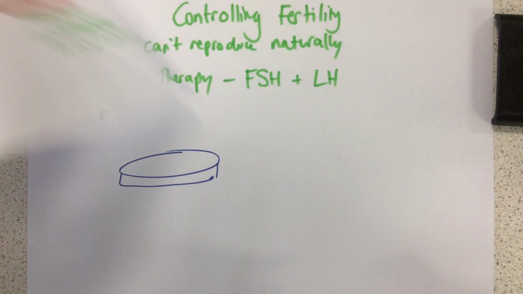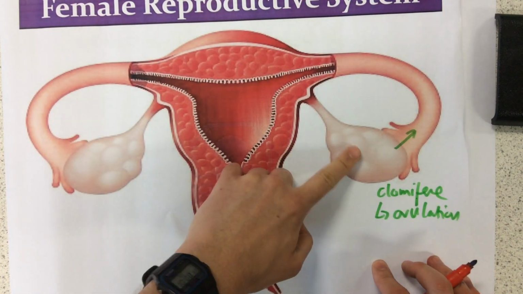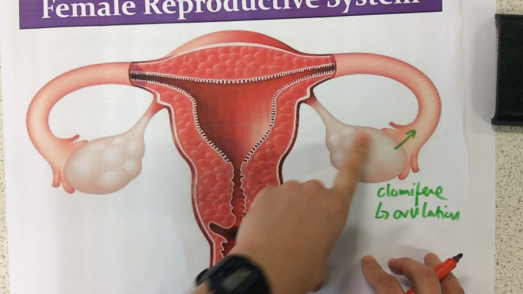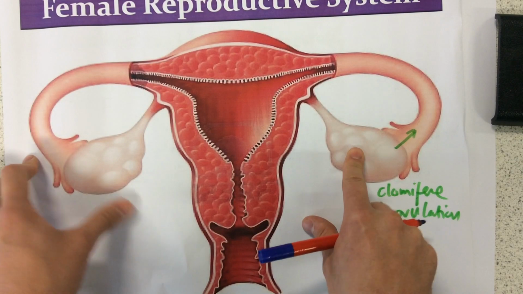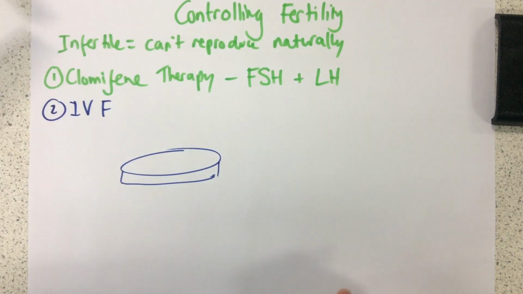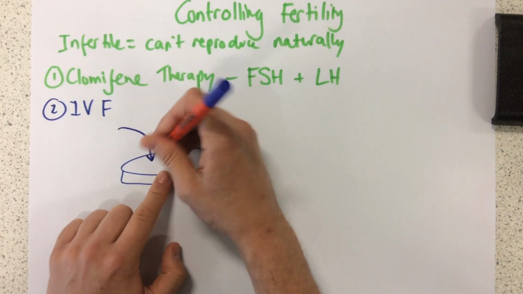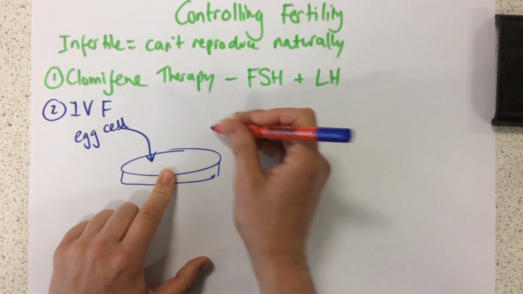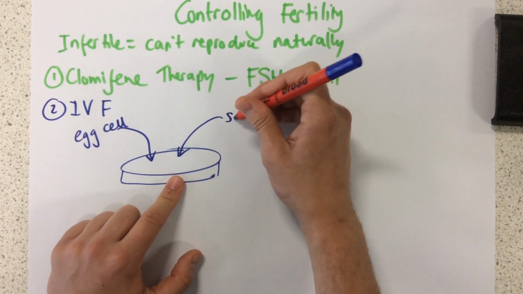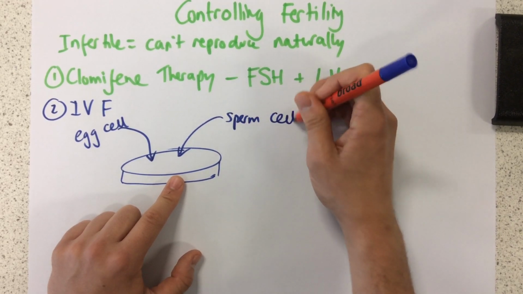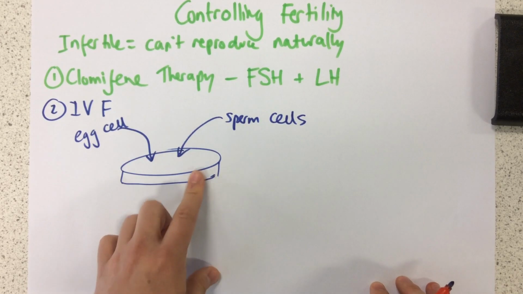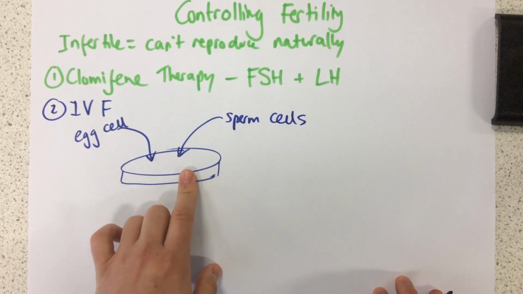Egg cells can be taken from the ovary, so there's a procedure to remove these egg cells. The egg cells go into a petri dish in a lab, and then we can add in the sperm cells within the lab. So the fertilization is happening in vitro, in the lab.